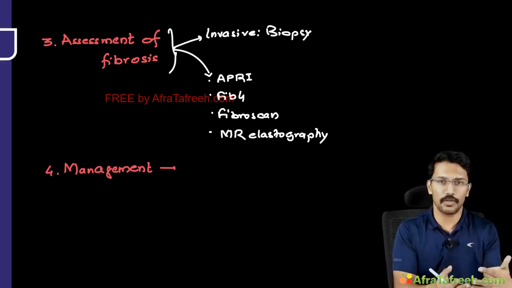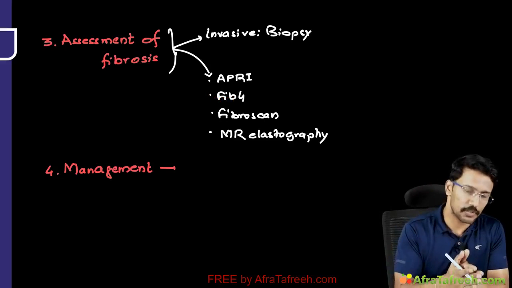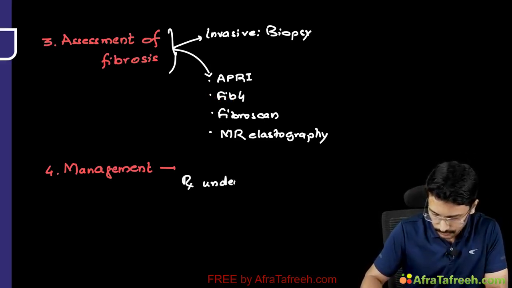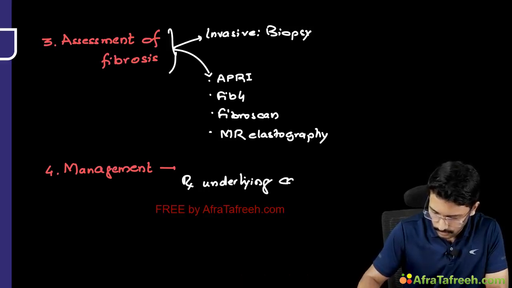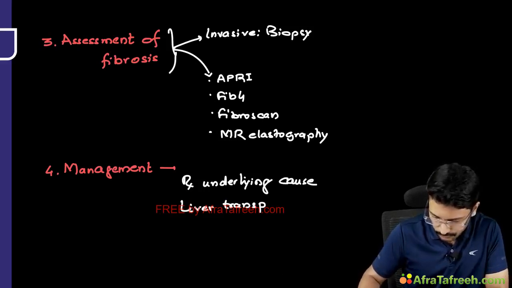And when the cause is non-treatable or the condition is advanced, we have to think of liver transplantation. So when it comes to management, treating the underlying cause and liver transplantation are the options.